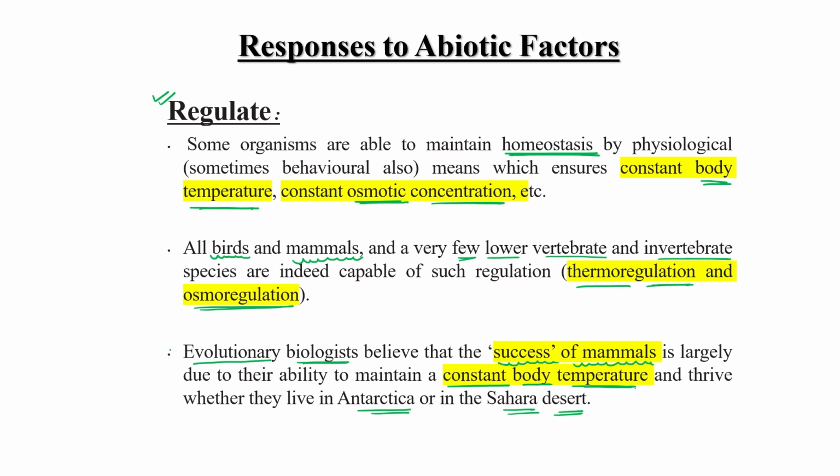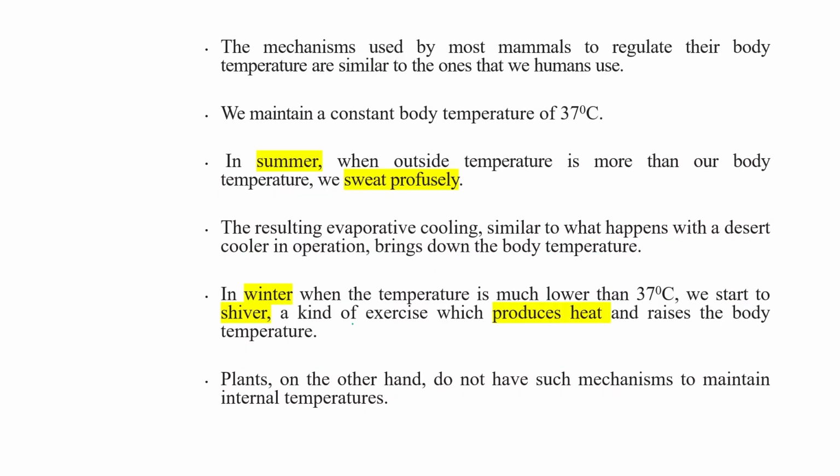That is why certain evolutionary biologists believe this is the main cause of the success of mammals out of so many classes and kingdoms. The mechanism of thermoregulation and osmotic regulation used by most mammals is similar to that present in humans, who also come under mammals, and we are able to maintain our body temperature at 37 degrees centigrade.